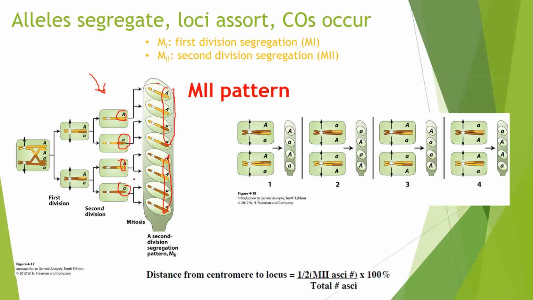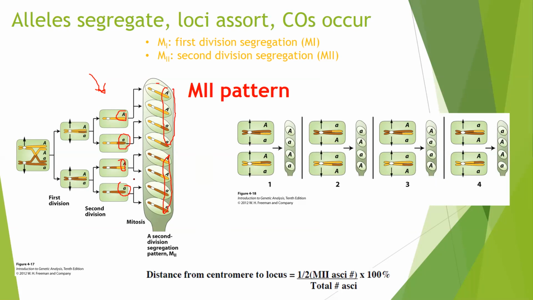All right, now we use the same principle to calculate the distance. I hope you are not confused. Here we are measuring the genetic distance between a gene and the centromere. We want to measure how far this gene is removed from the centromere, right?